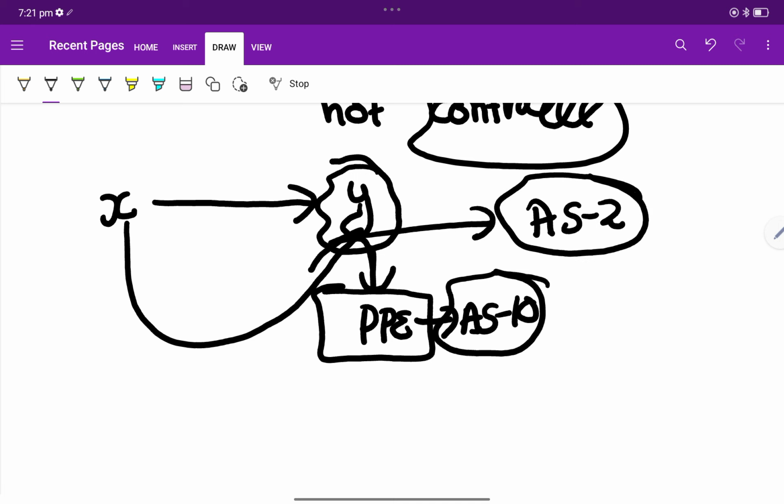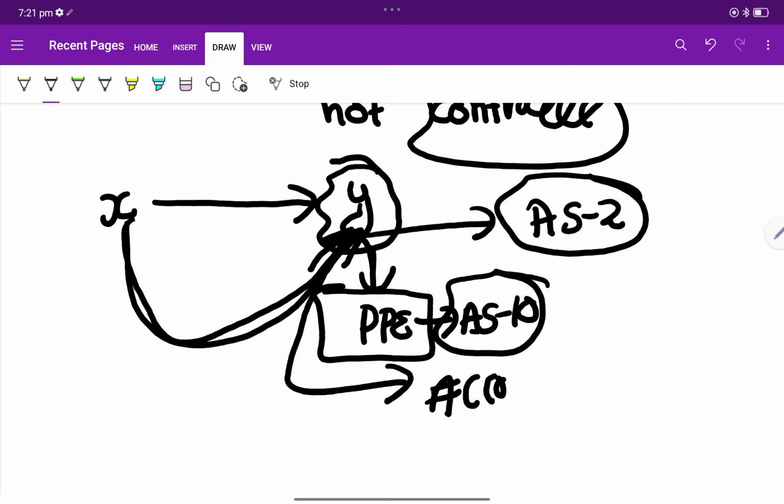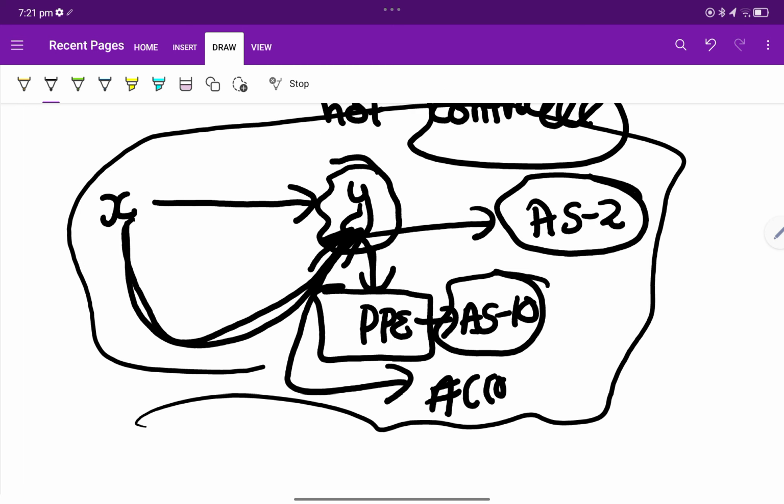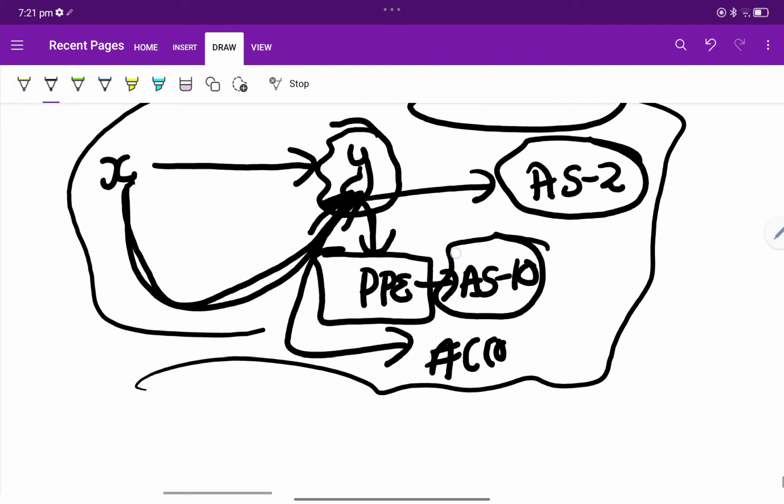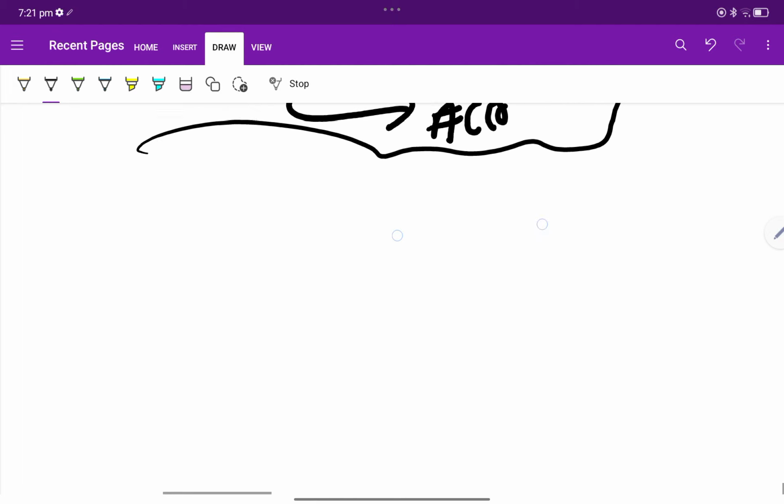For suppose X is constructing an investment property, then accounting for investments will be applicable. Based on the contract, the standard may change. Are you understood this example? AS-7 is applicable in the books of the contractor only, not the contractee. Now let us go for recognition of revenue. Most important.